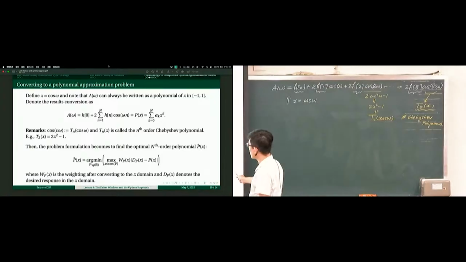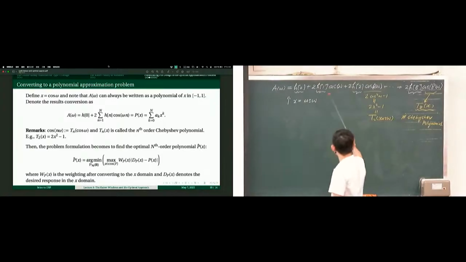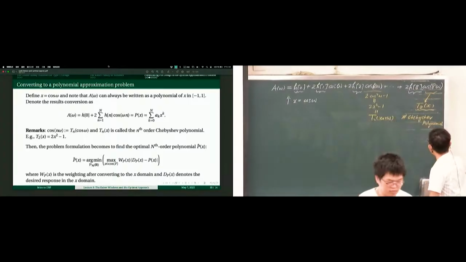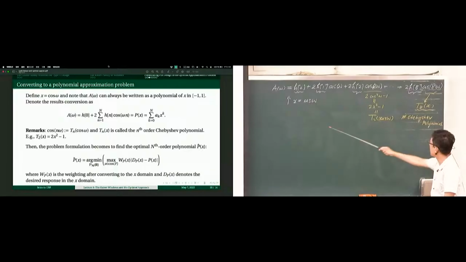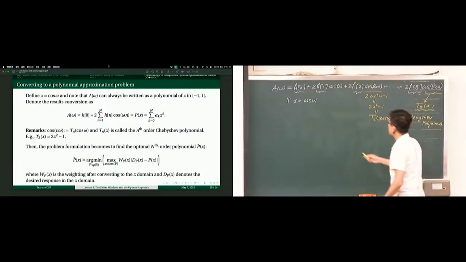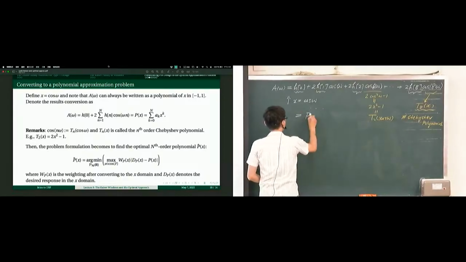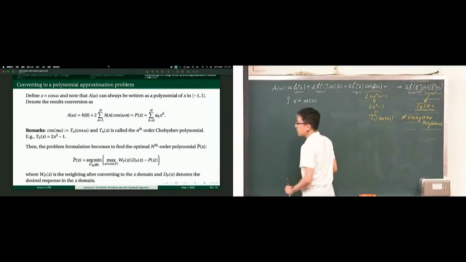And here's my remark. Chebyshev polynomial. It should be clear. Anything up to the 8th order, you can convert this thing, combine all the terms, and A of omega becomes a polynomial of x.